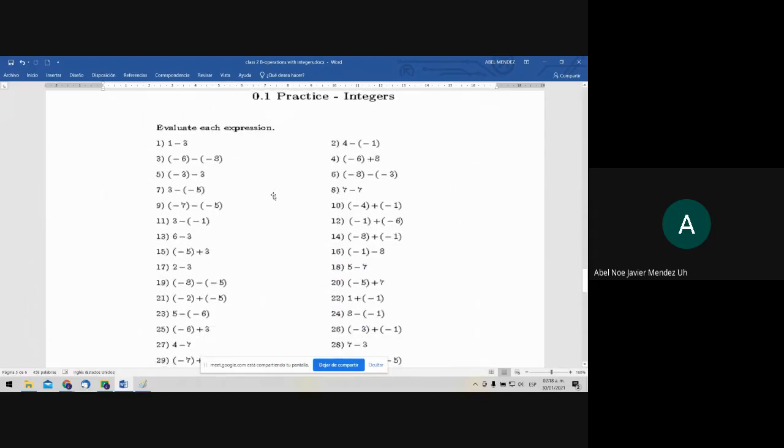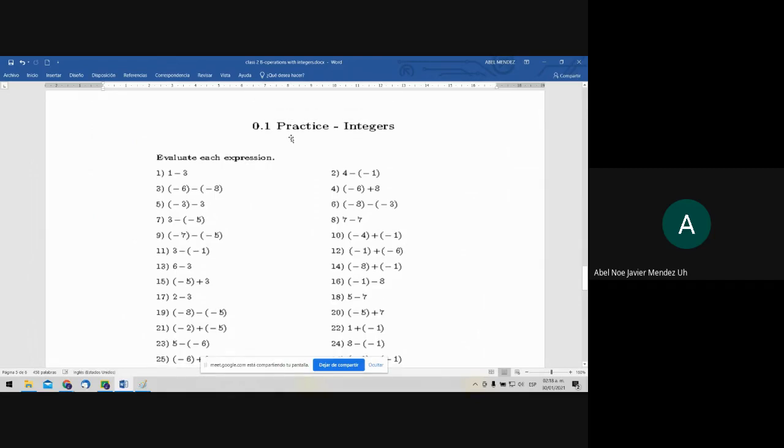And here we have some expressions to practice what we are learning today.